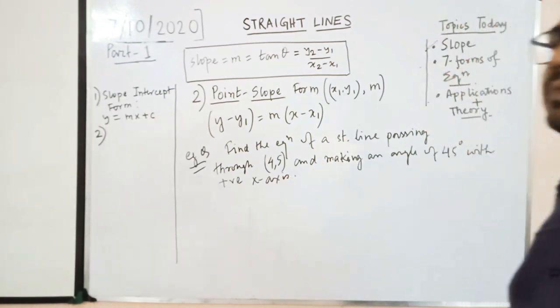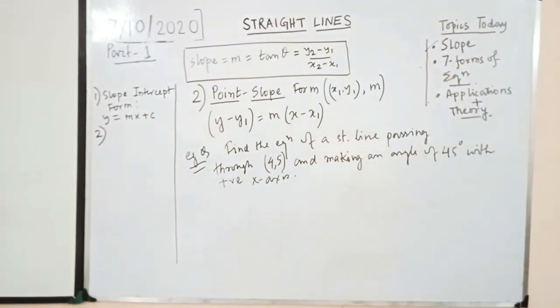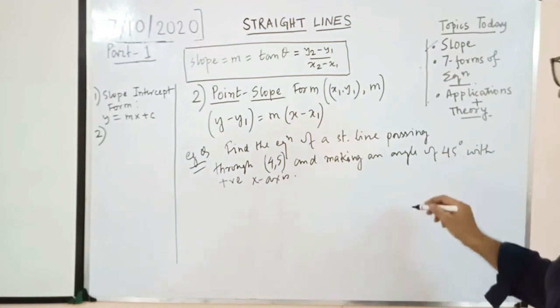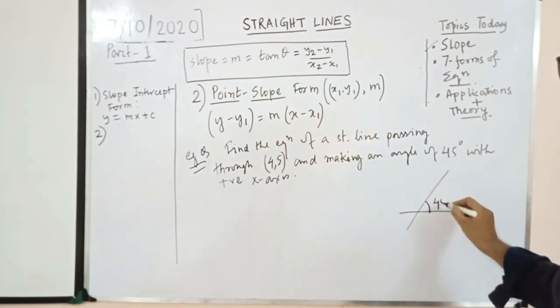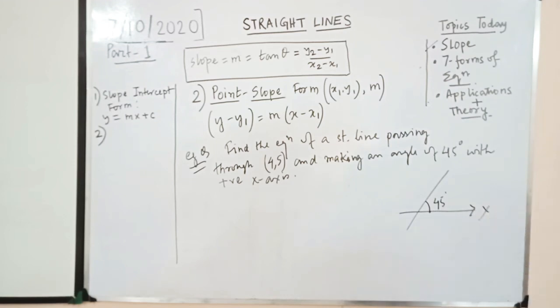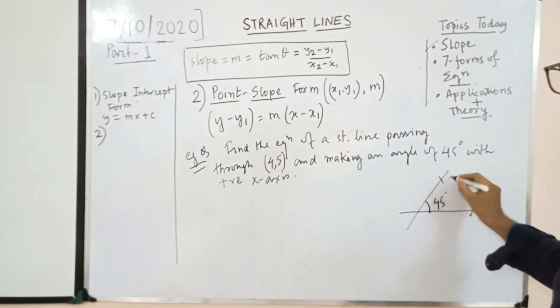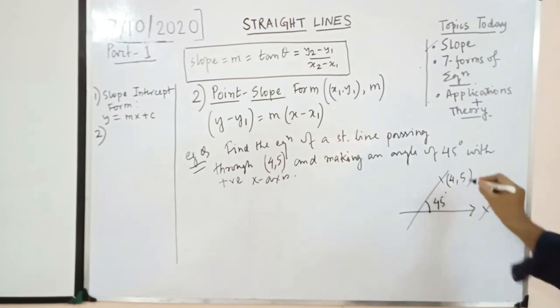That means the line will be something like this, which is at 45 degrees with the positive x-axis, and it must pass through a point called (4, 5).